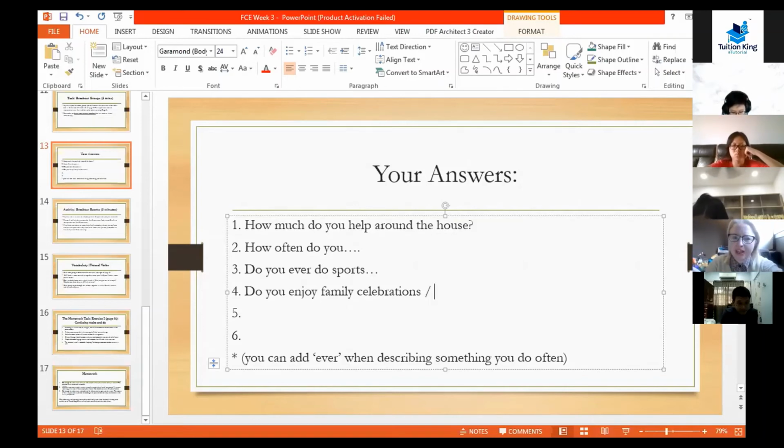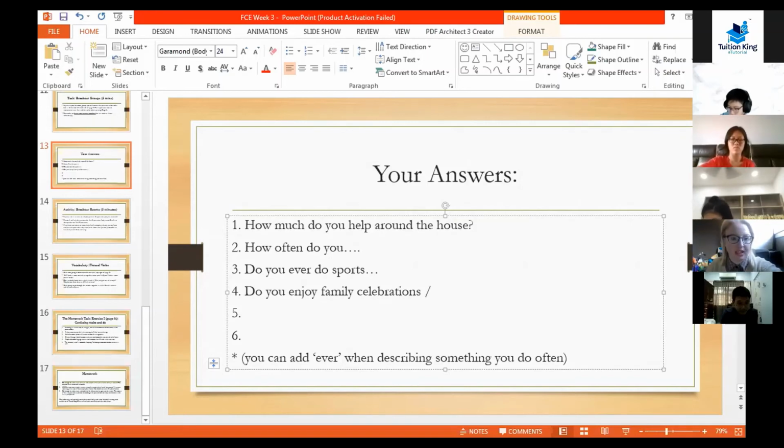But the context is not quite right, because the continuous would be focusing on the action as it's happening now. So that would only be relevant if the speaker was currently attending a family celebration. So are you enjoying it?